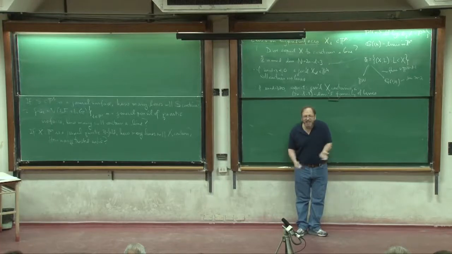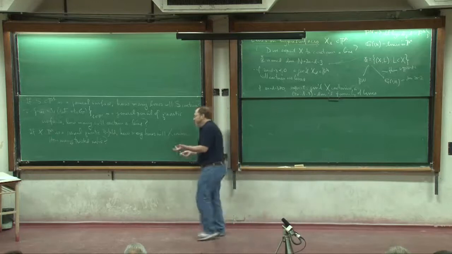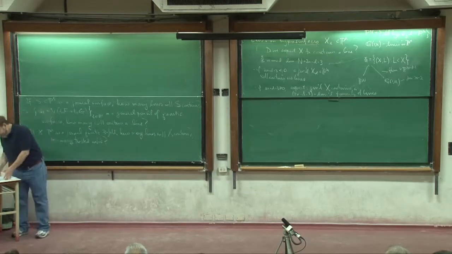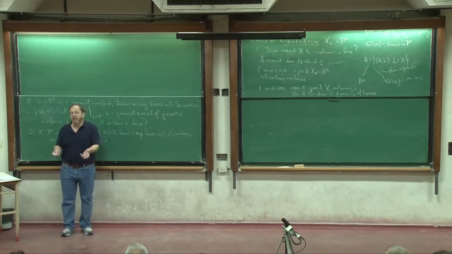We'd like to think that we can manipulate them, that we know something about them, but I'm going to be talking on Monday in Cordova about this: if I write down a general cubic polynomial in P5, a general cubic fourfold, we don't know whether that's a rational variety or not.